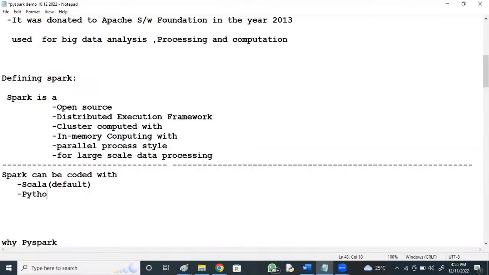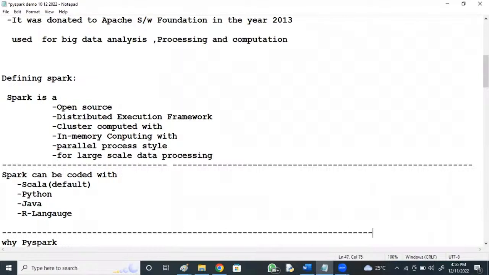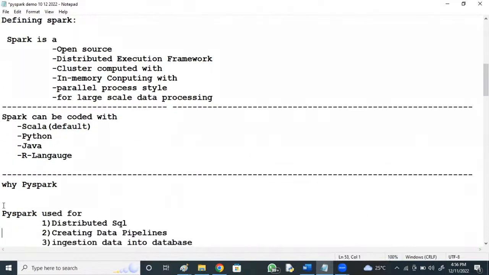That's why both Python and Scala are mostly used. Java also can be used. So Spark has multi-language support. It can be coded with Scala, Python, Java, and R language. And if you say why PySpark, right?